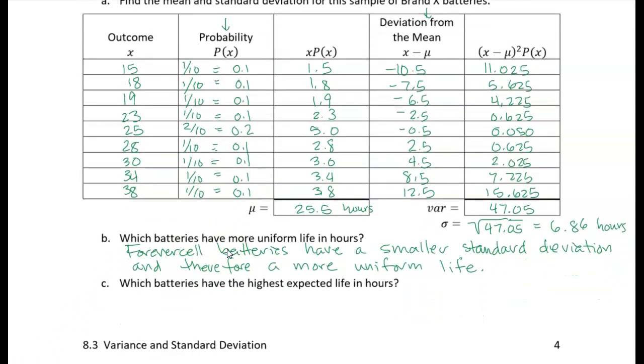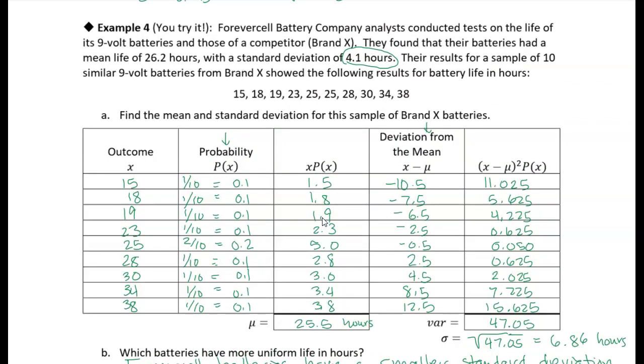The next question asks which batteries have the highest expected life in hours. Okay, so we want to look at the expected value for the life of these batteries. And we calculated brand X was 25.5, and we're told that Forever Cell has a mean life of 26.2.